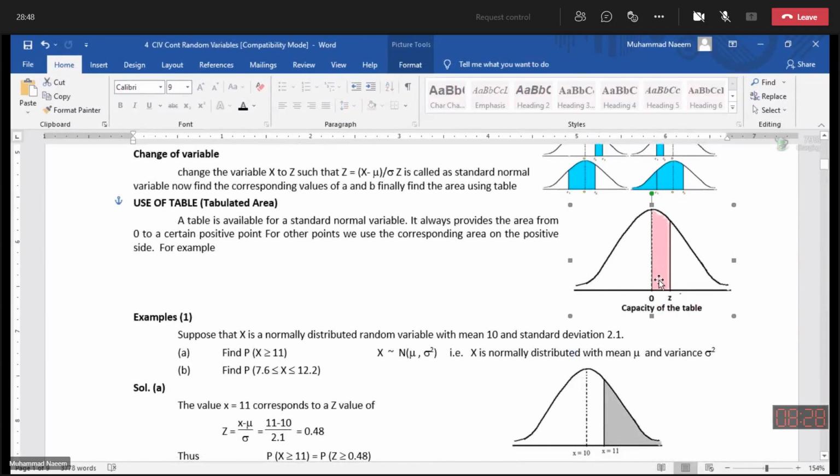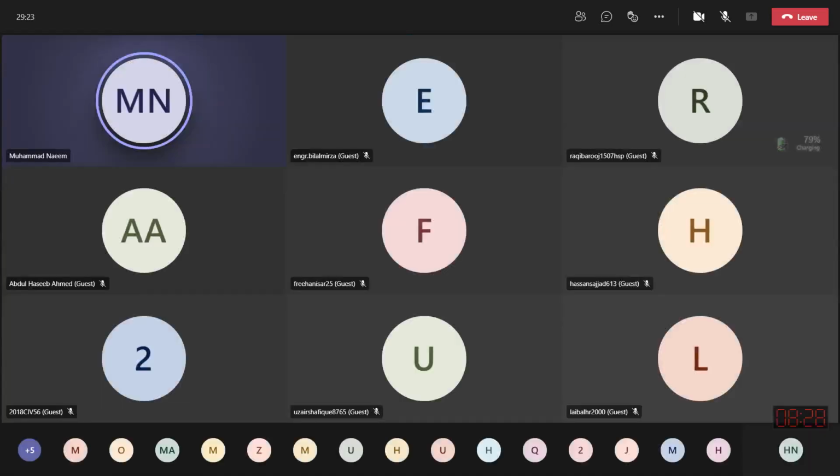The table measures the area from 0 to a fixed point in the right half. We can measure the area shown with the pink shade from center to a particular point in the right half. So what should we do with different problems? Look at the situation.